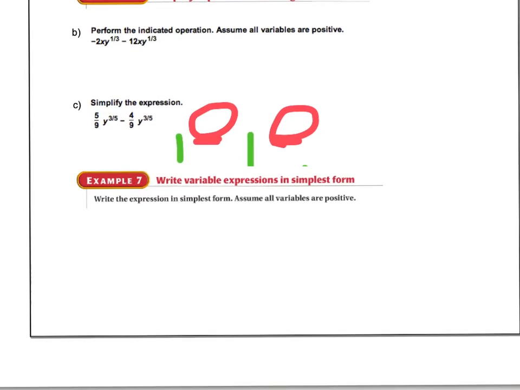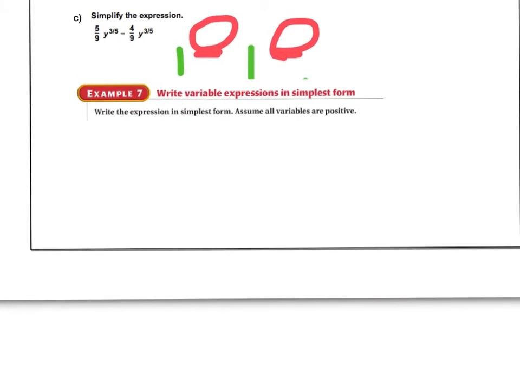This next example can get a little bit uncomfortable, but there are certainly examples that you are going to see in any test that you take and problems that you experience. So we're going to look at writing variable expressions in simplest form, and I'm going to write it down for you. Don't panic after you see it. Our first problem will be the third root of 6, x to the 4th, y to the 9th, and z to the 14th.